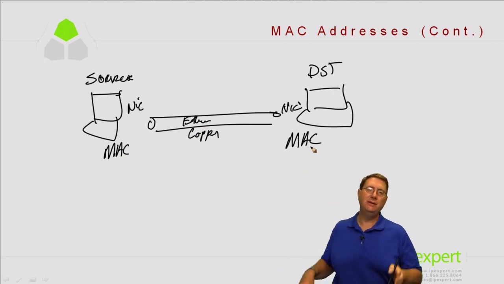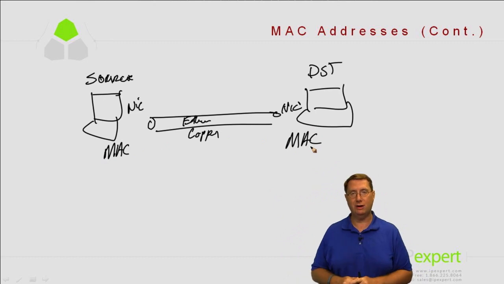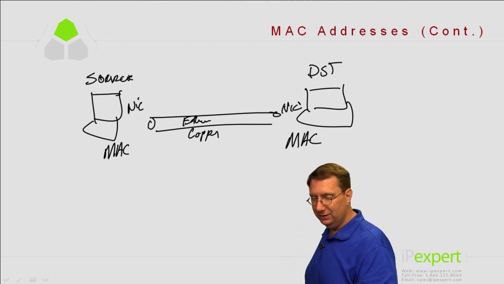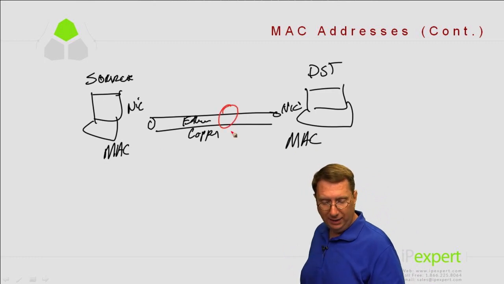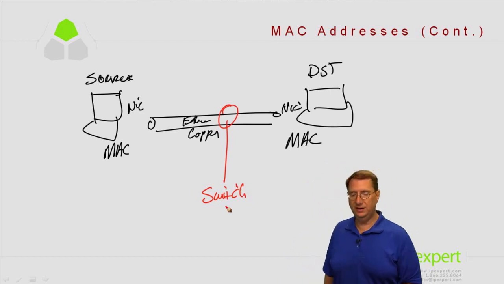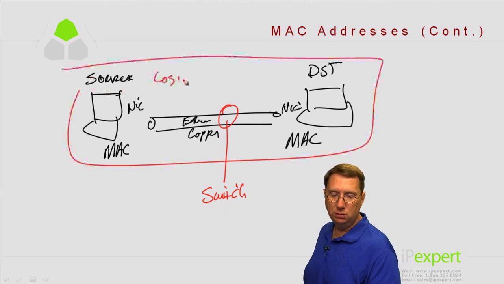Now, when I look at this, what's the possibility or the odds that in a live environment I'm going to have one host connected directly to another host? Slim to none. So what we have to recognize here is that more often than not, somewhere in here, we're going to have a switch or a series of switches. This means that what I'm just describing right here is a logical diagram.